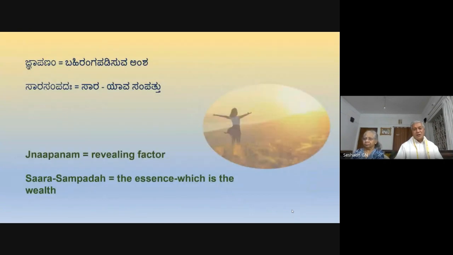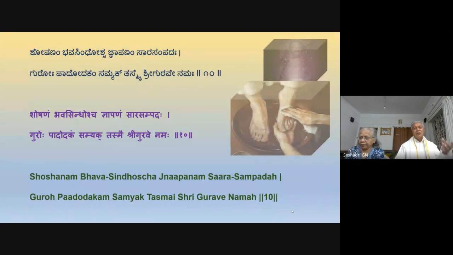So we'll see that sloka again. Shoshanam bhava sindhosya jnanam sara sampadaha, Guroh padodakam samyak, tasmai Shri Gurave Namah. Please prostrate to that Guru whose padodakam gives that supreme knowledge.